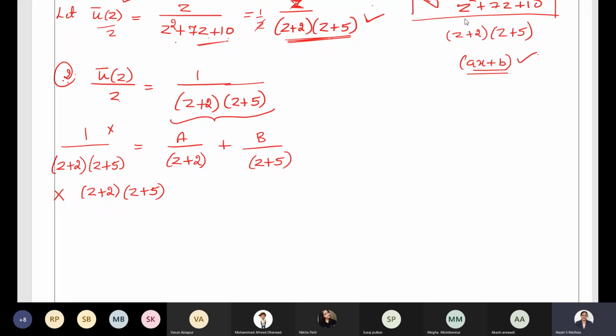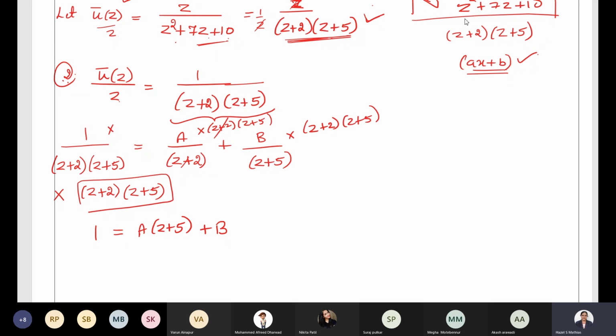Here the denominator and numerator are the same, get cancelled, 1 remains. Multiplying the first term, z plus 2 gets cancelled, A into z plus 5 remains, plus the second term, z plus 5 gets cancelled, B into z plus 2 remains.